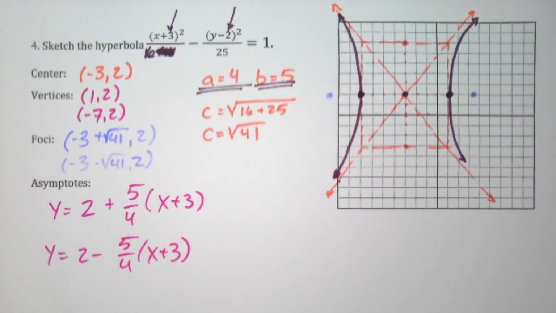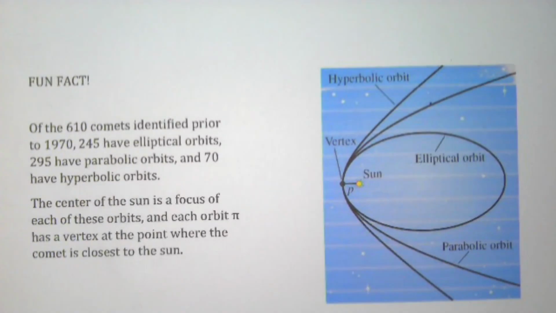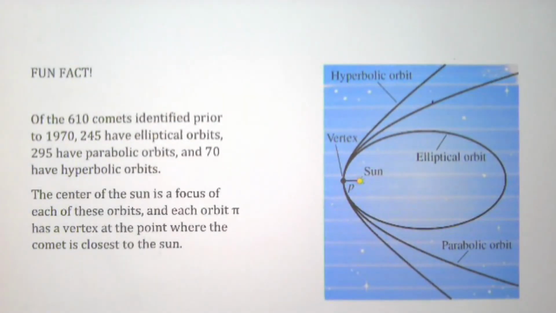So that wraps up as far as we're going to get with dealing with hyperbolas and conics for this year. But one little fun fact, at the bottom of your page, for any of those who are into astrophysics, is that all of the orbital paths of all of our astral objects, be it planets, suns, the galaxies, asteroids, all of them follow one of our different conic sections.